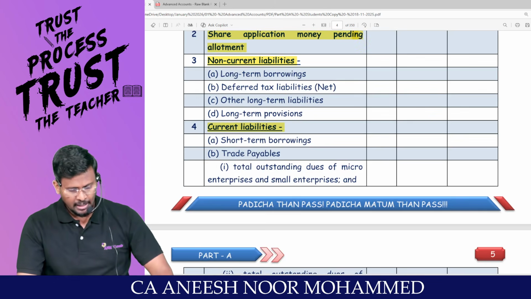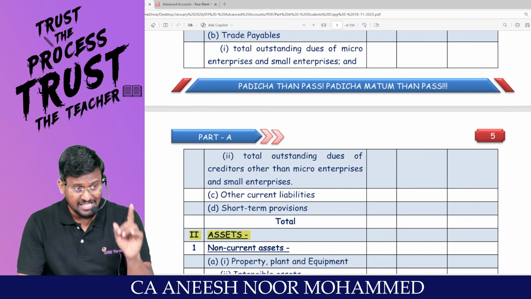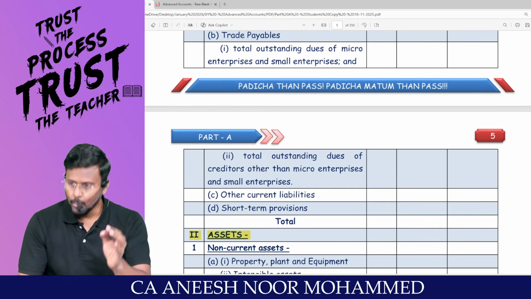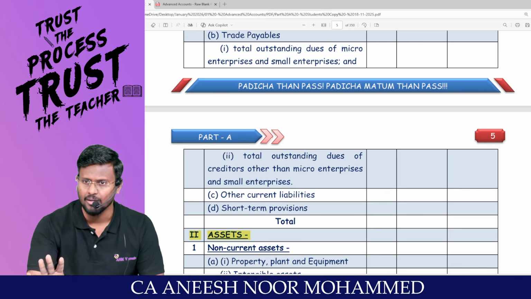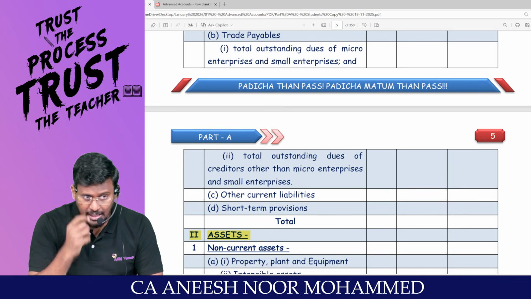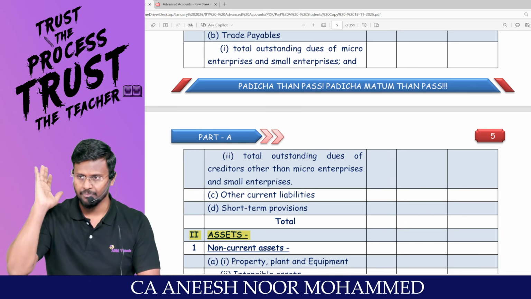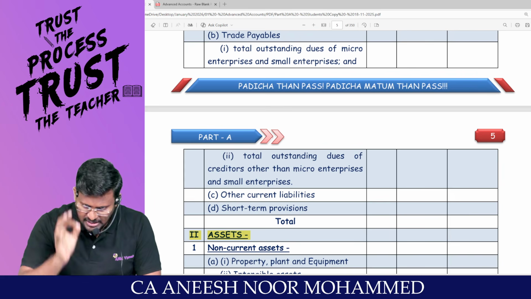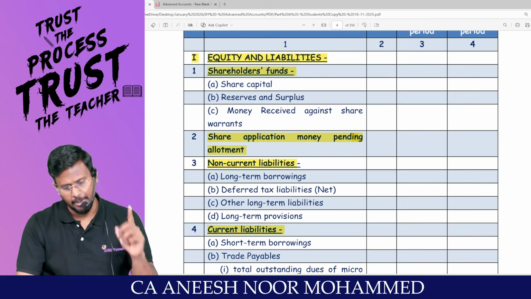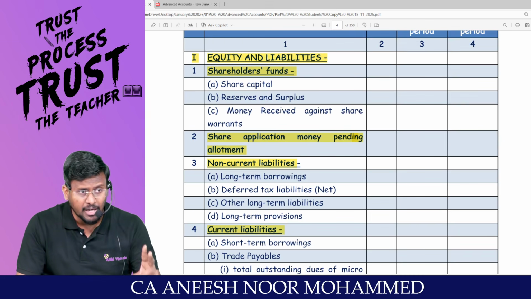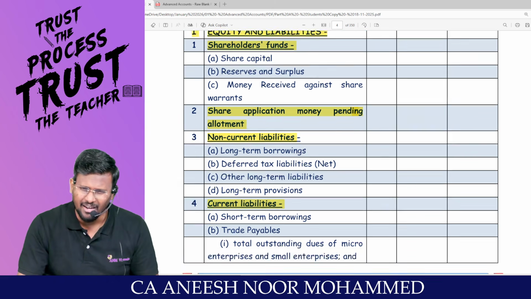That means the equity and liabilities side of the balance sheet should be classified into 4 categories. If you are not writing like this in the exam, you won't get marks, because this is the prescribed format by the Companies Act. Number 1, shareholders' funds. Number 2, share application money pending allotment. Number 3, non-current liabilities. Number 4, current liabilities.